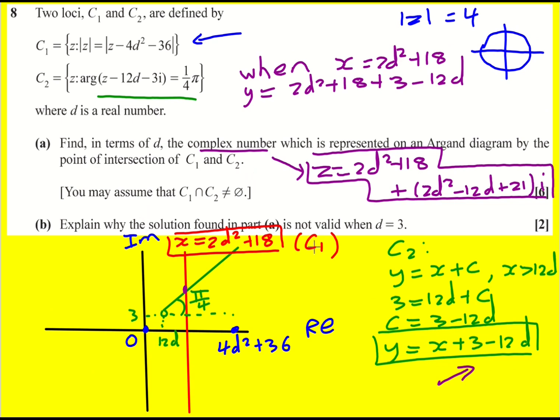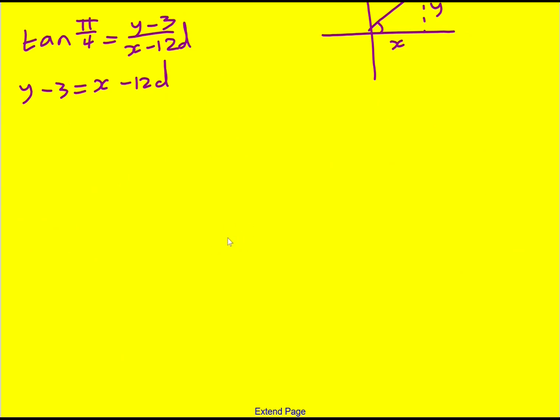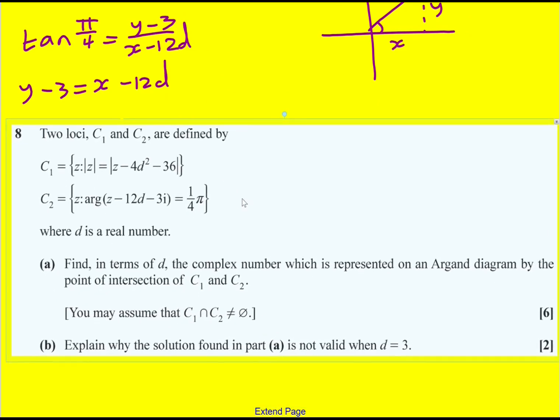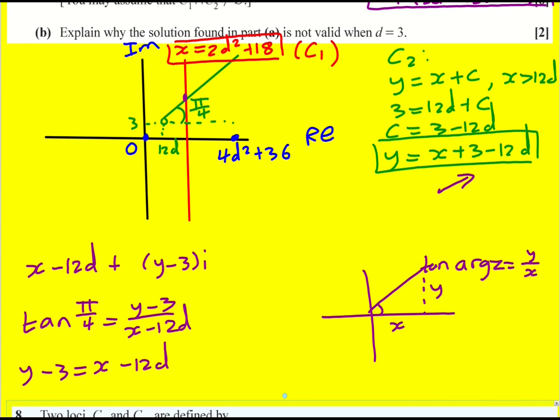Finally, explain why the solution found in part A is not valid when d is equal to 3. So when d, do you know what? I'm just going to bring the question down. There's just too much writing here. Yeah, you could think about the graph, what happens to the graph when d is equal to 3.